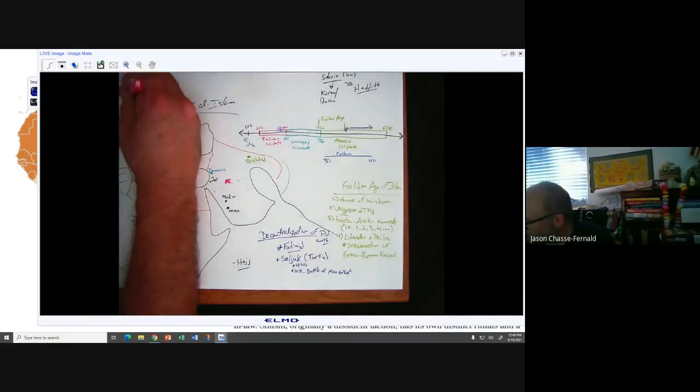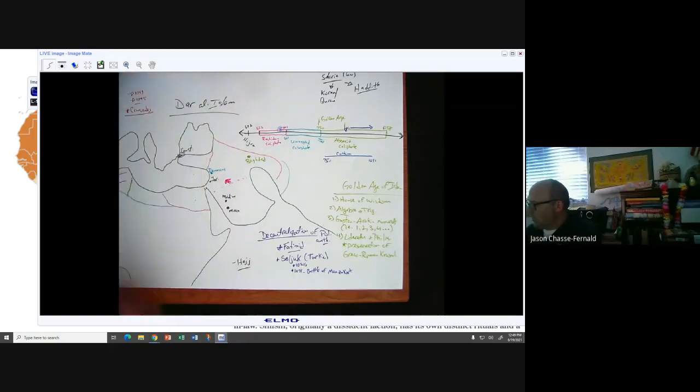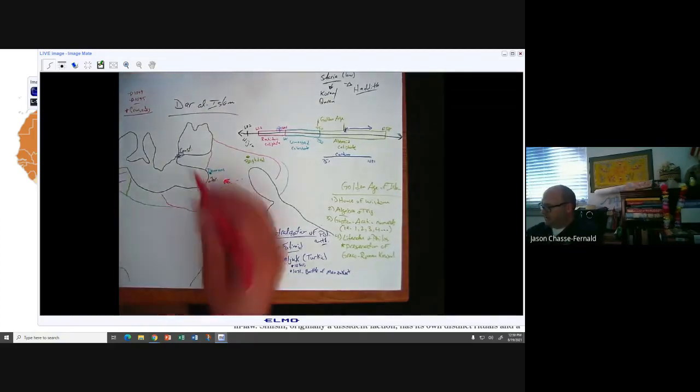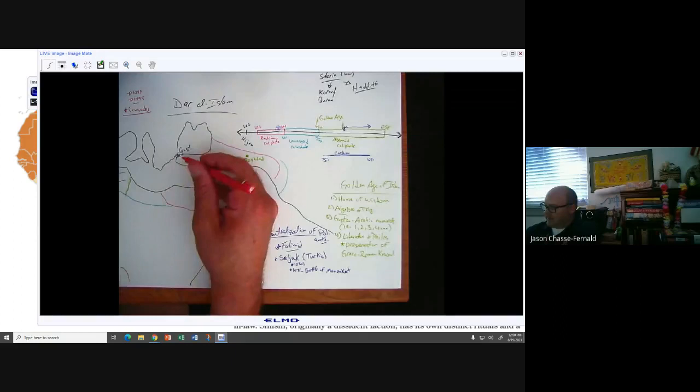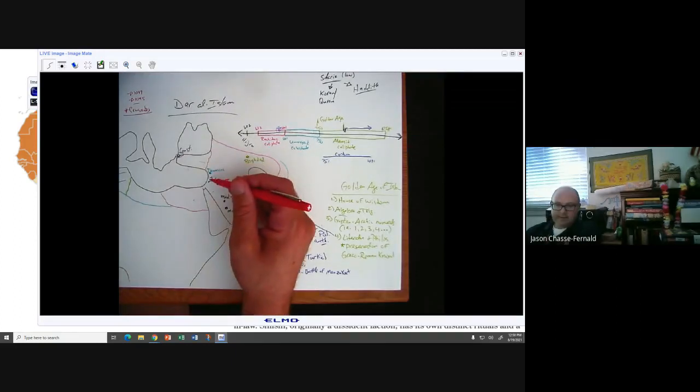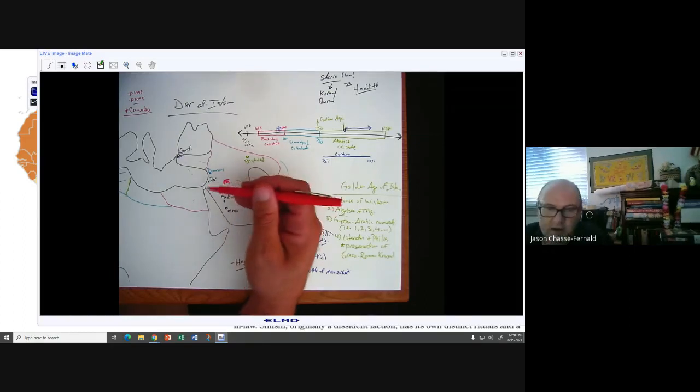And by 1099, you are going to see crusaders making their way down the coast, through what is today Syria and Lebanon, and towards Jerusalem. All right. And so in 1099, Jerusalem will be conquered by the Christian crusaders.